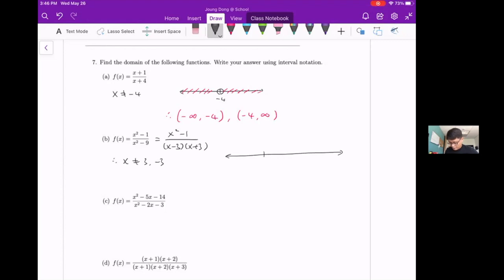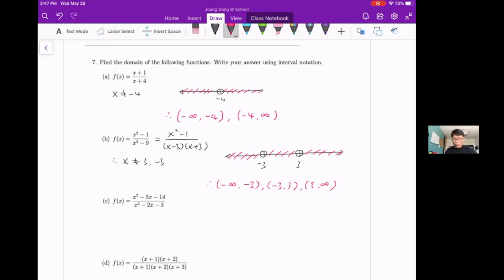So we have to exclude these 2 points, okay? Then now we have three sections, right? The first section from -infinity to -3, then the center part, and the last part. That is the interval notation of the domain of problem B, okay?